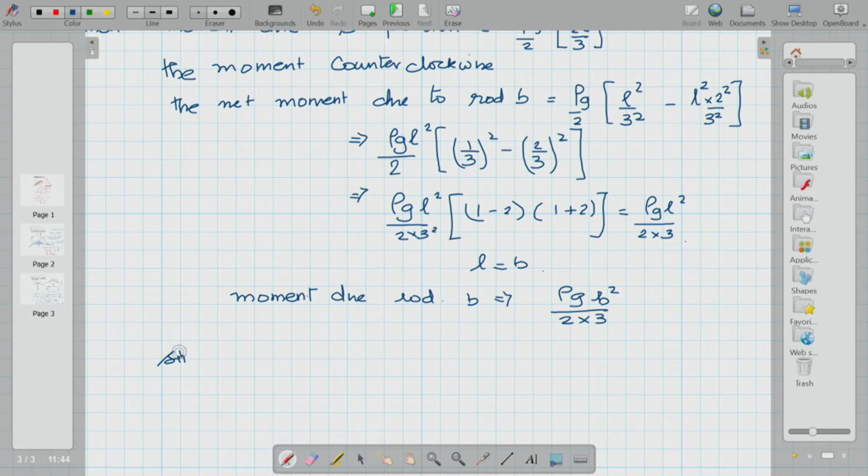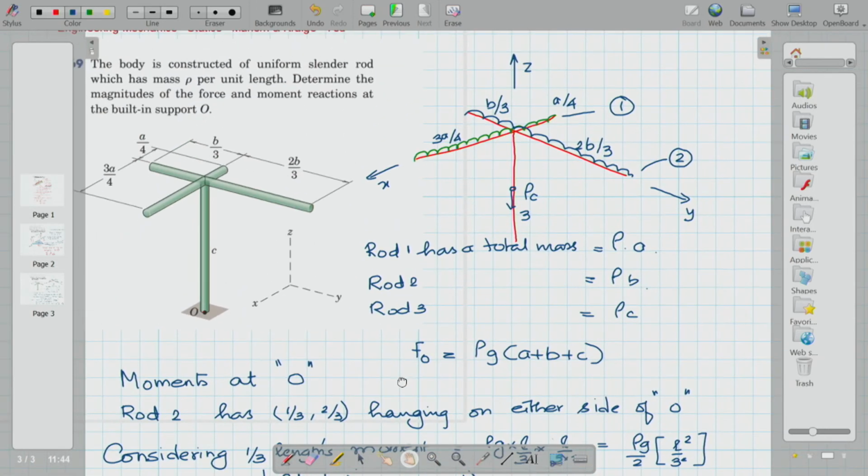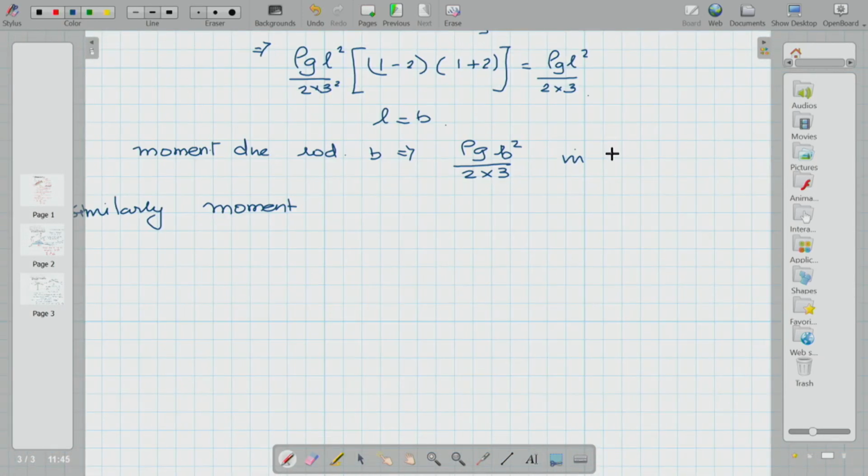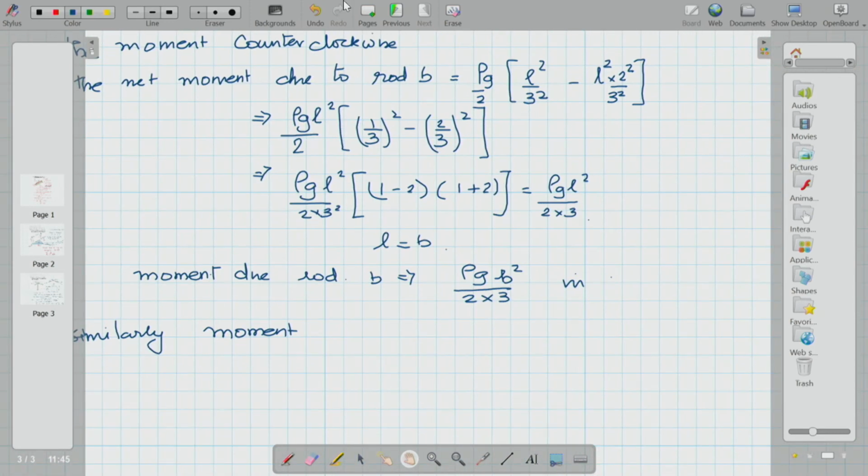Similarly, we can show the moment, and the direction is going to be in the ZY plane.